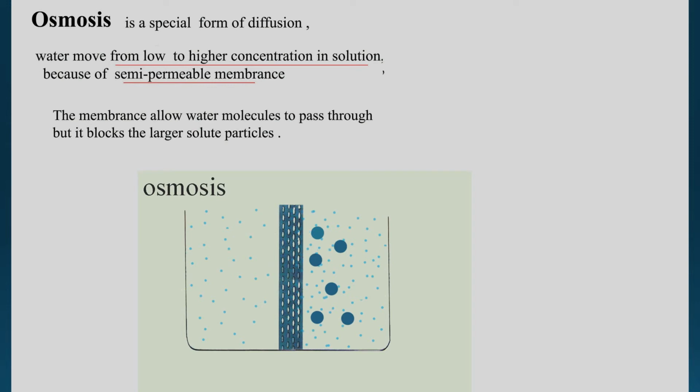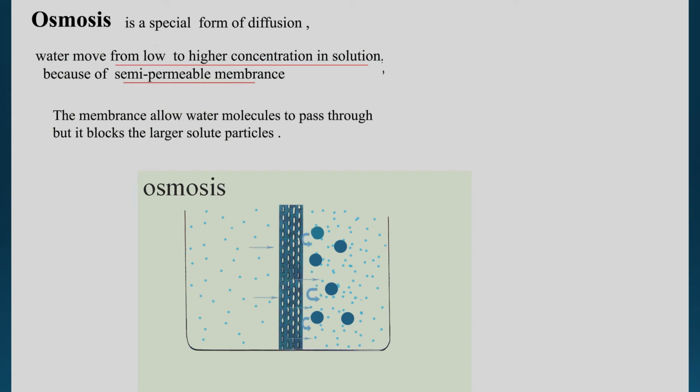You see more and more water particles will go towards the big particle side, the glucose. Now on the glucose side, the water becomes higher concentration. So the water moves from low concentration towards high concentration because of these semi-permeable membranes.